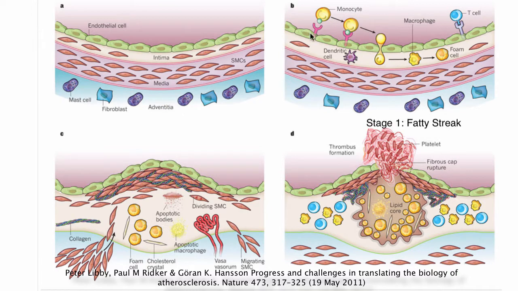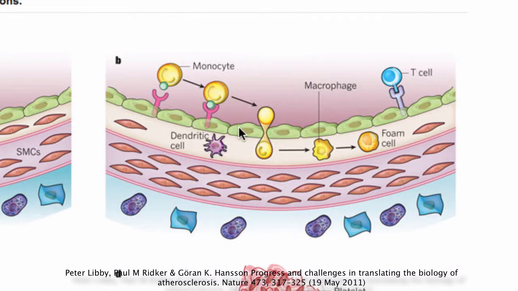Stage 1. Fatty streak. Once the endothelium is injured, the body responds to damage with inflammation. Monocytes infiltrate the vessel wall and transform to macrophages. They act as scavengers, taking up LDL cholesterol.